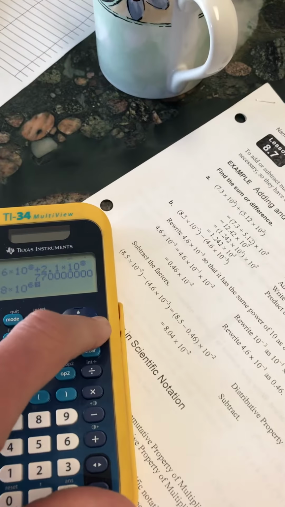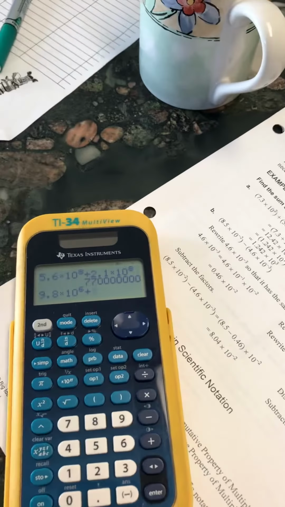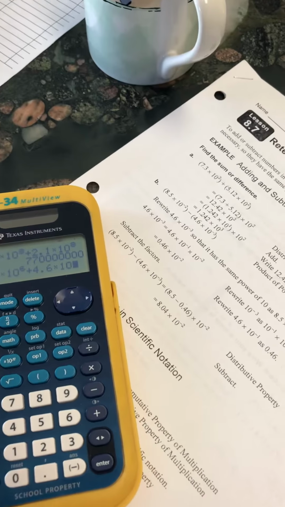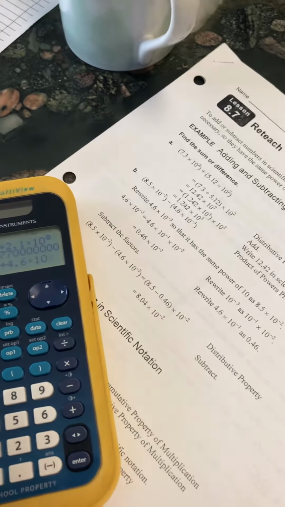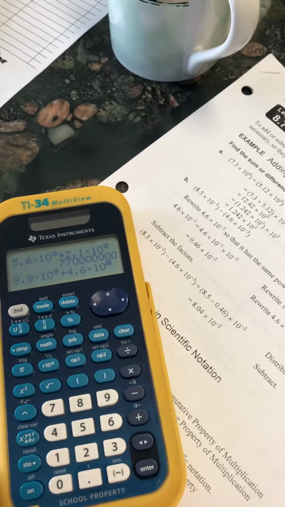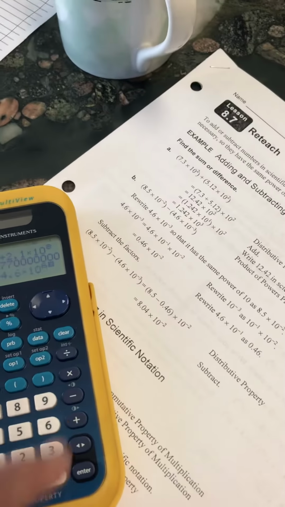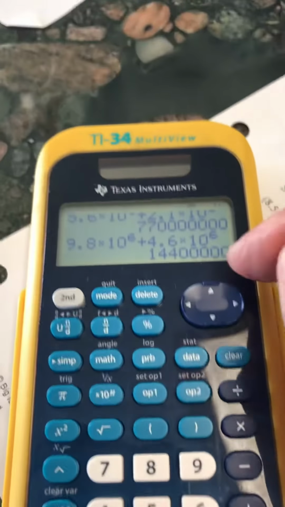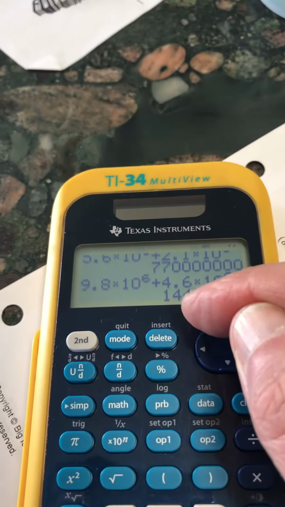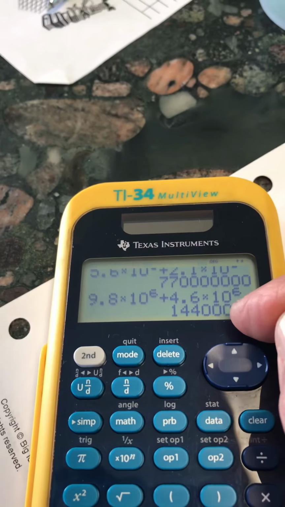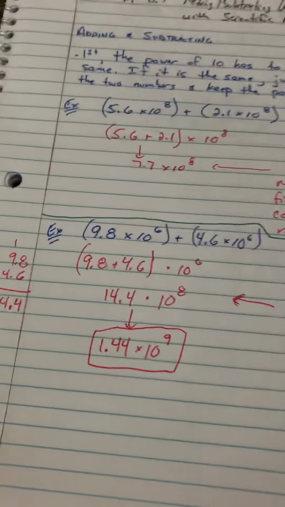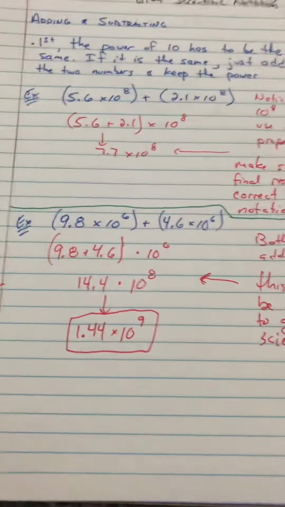I get out of there, plus 4.6 times 10 to the 6th power. That's the same example. I hit enter. Notice it gives it to me in standard form, but if I took that in standard form, it'd be 1.44 times 10 to the 1, 2, 3, 4, 5, 6, 7th power, the same thing that we got this way. All right, now the reason, you might be saying, why don't I just do all this on the calculator?